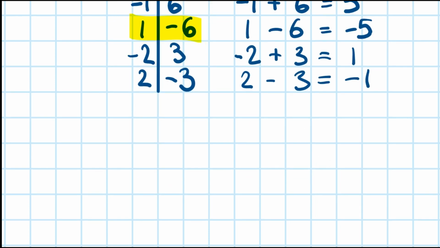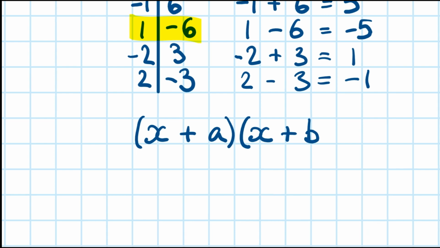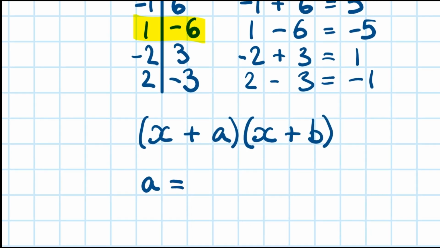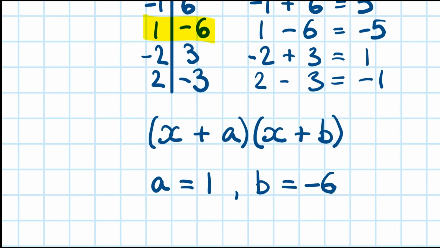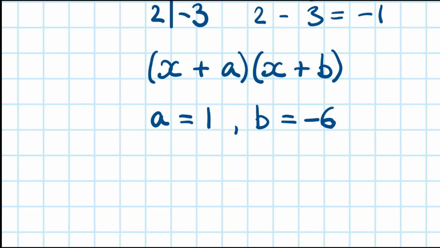So we had our x plus a and x plus b from before, if you remember. And I'm going to say that a is 1 and b is minus 6. Now, this actually isn't our final answer, because remember, we need to find it when it equals 0.